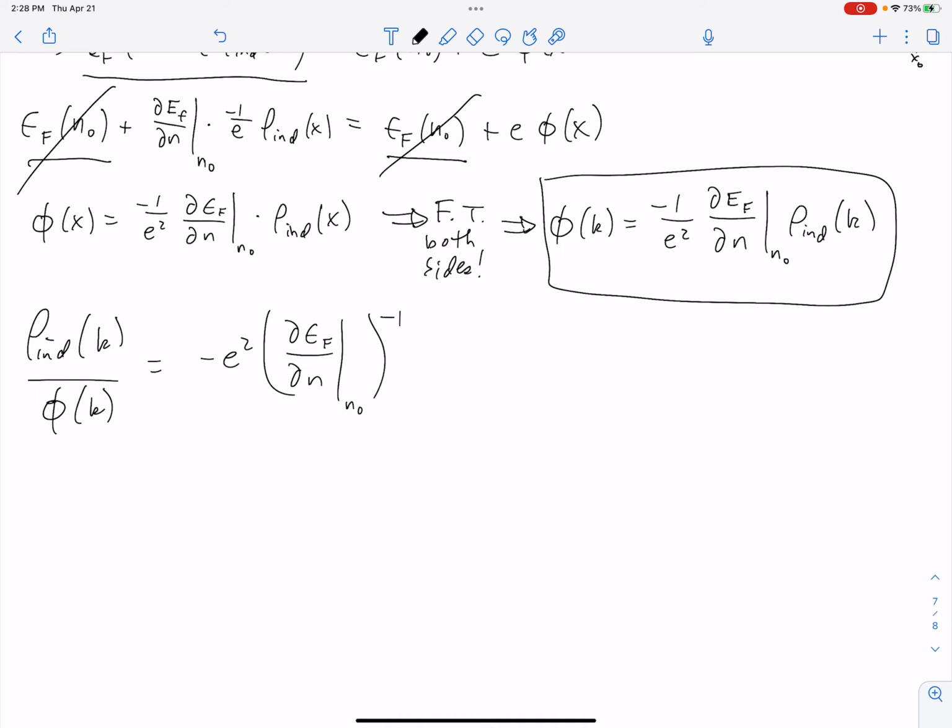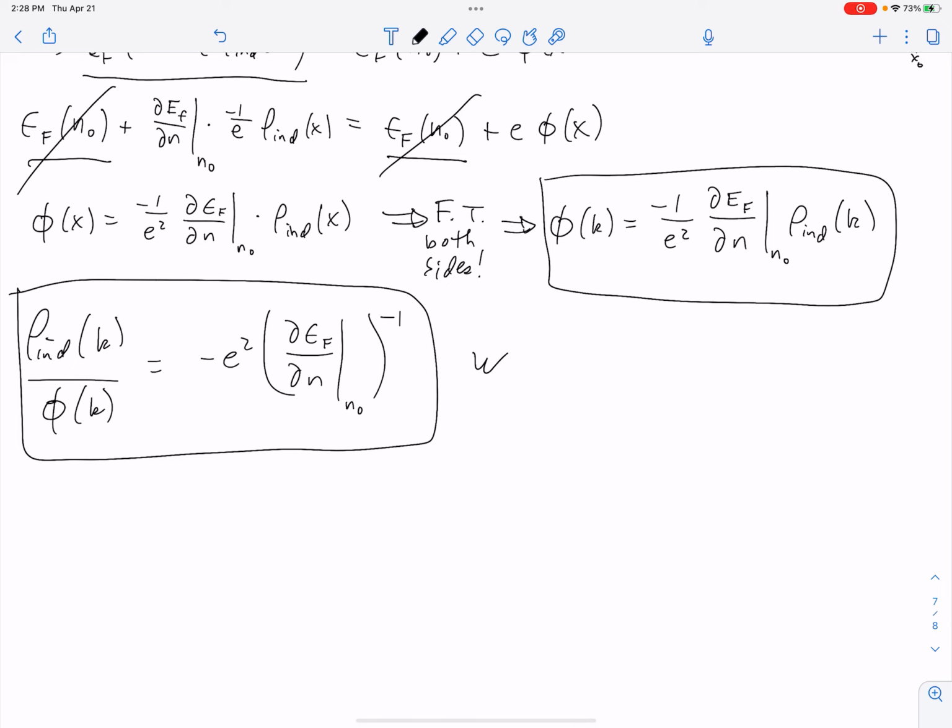I just pull that to the other side. And there we have it. That is the thing we wanted, because check it out. We calculated the induced charge divided by the total potential, and we got it in this weird way through the chemical potential, but that's what we wanted.